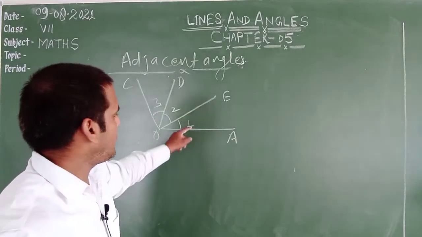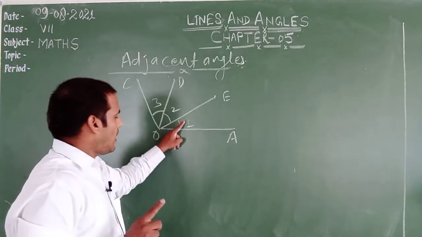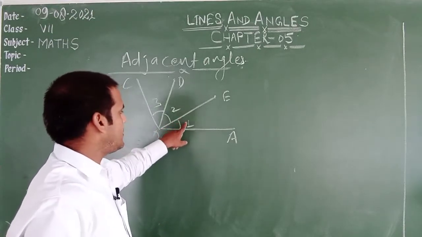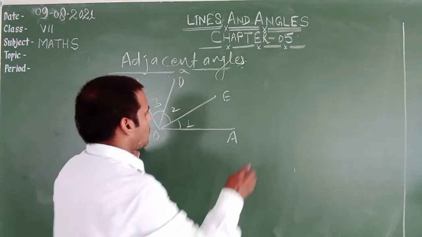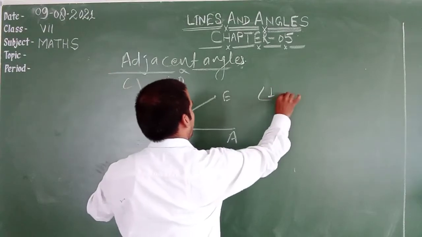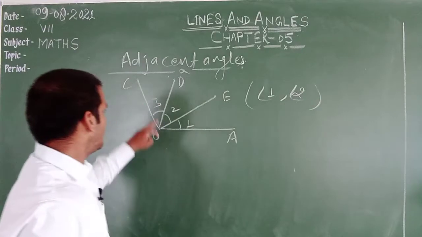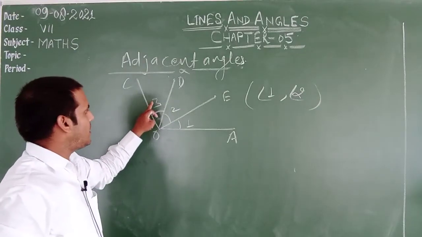Now, the adjacent angle of 1: which angle is beside 1? Angle 2. The adjacent angle of 1 is angle 2. Suppose which angle is beside angle 2?